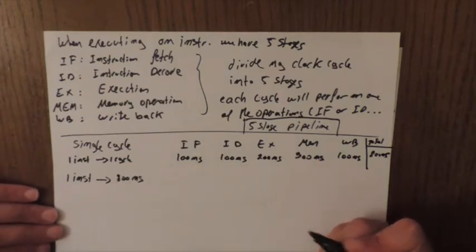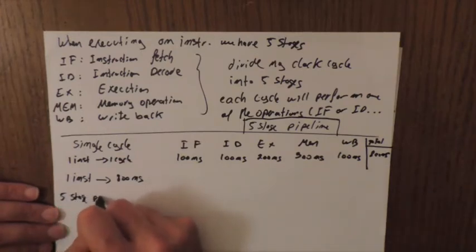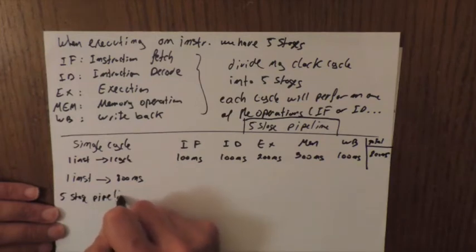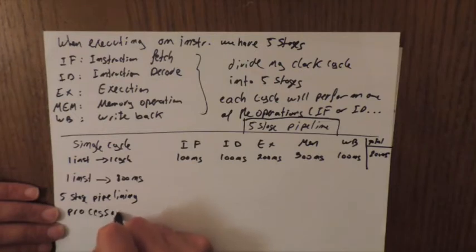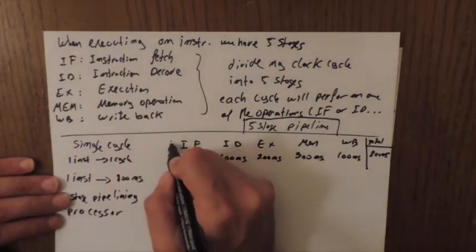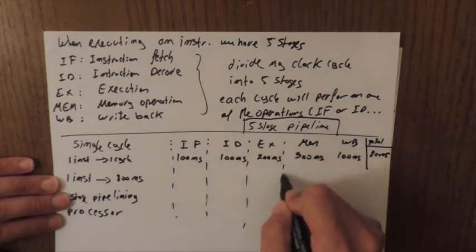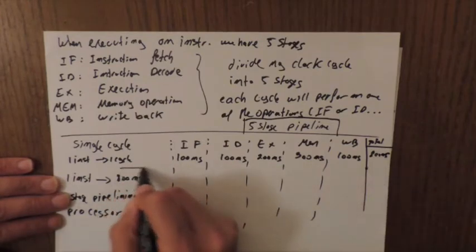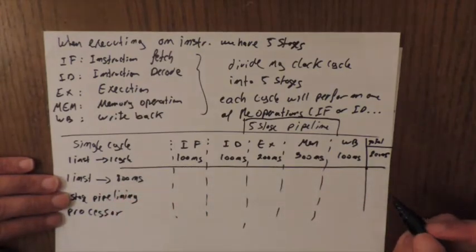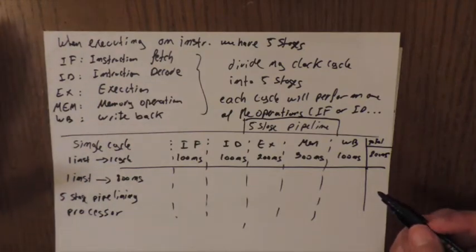Now let's say I have a 5-stage pipelining processor. So here now I need, let us do it like this. So now what I want to do is I want to select the time I need to execute my stages.